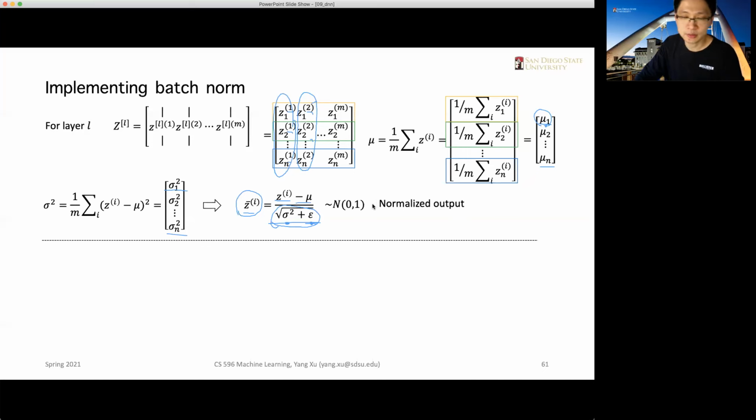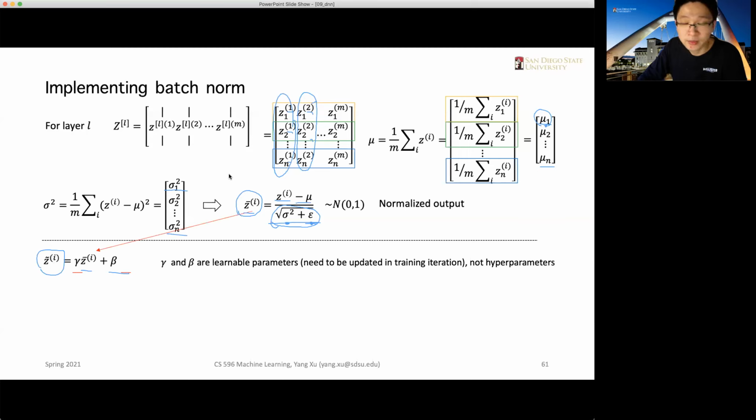We're not done yet. Computing z bar is the first step. Then we construct something more complex, called z tilde. This z tilde is a combination: gamma times z bar plus beta. This gamma and beta are learnable parameters.